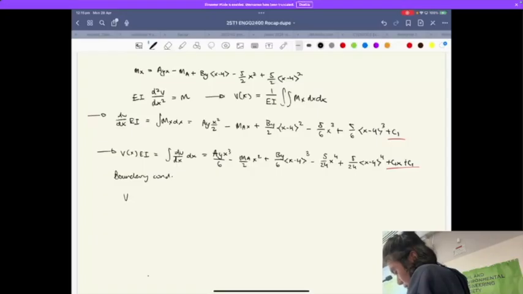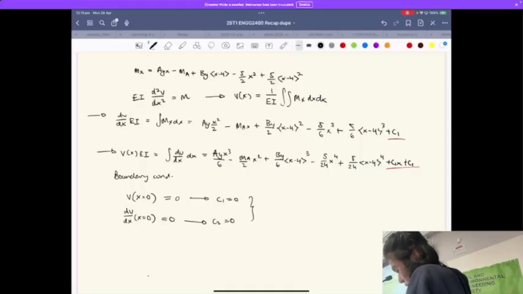So that was at Vx equals 0 and dv/dx at x equals 0 equals 0. And you'll find that C1 is equal to 0 and C2 is equal to 0.